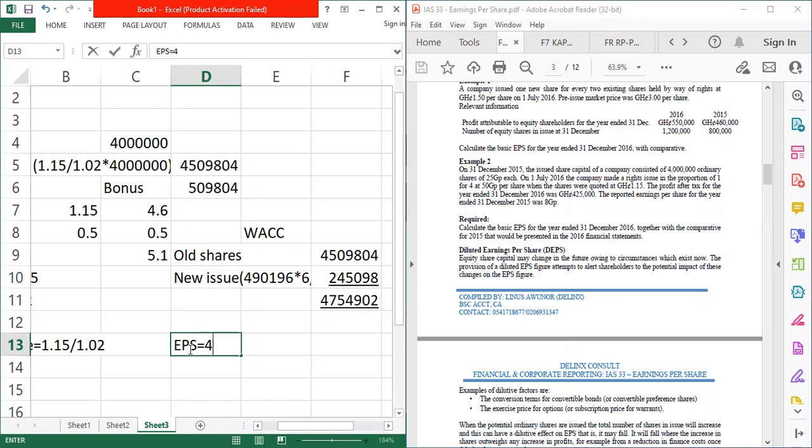So let's take 425,000 divided by our number of shares now, which is 4,754,902.